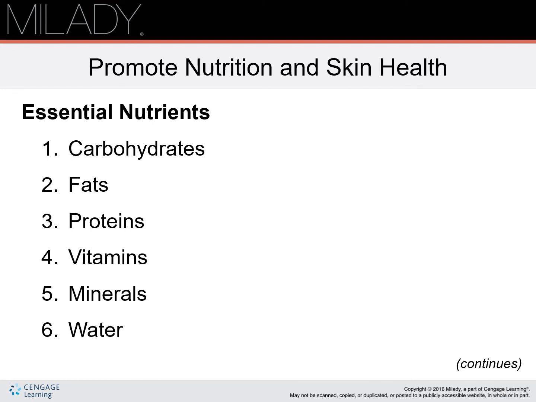Okay, so on to my slide now. We're going to talk about promoting nutrition and skin health. Skin disorders, fatigue, being tired, stress, depression, and some diseases are caused by an unhealthy diet or improper hydration.